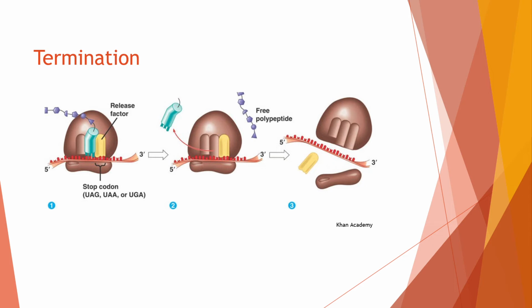This is a good moment to stress the fact that each component participating in translation can be recycled. The same mRNA can be read many times. The ribosome, however it splits at the end of translation, may reassemble once more and perform another translation.